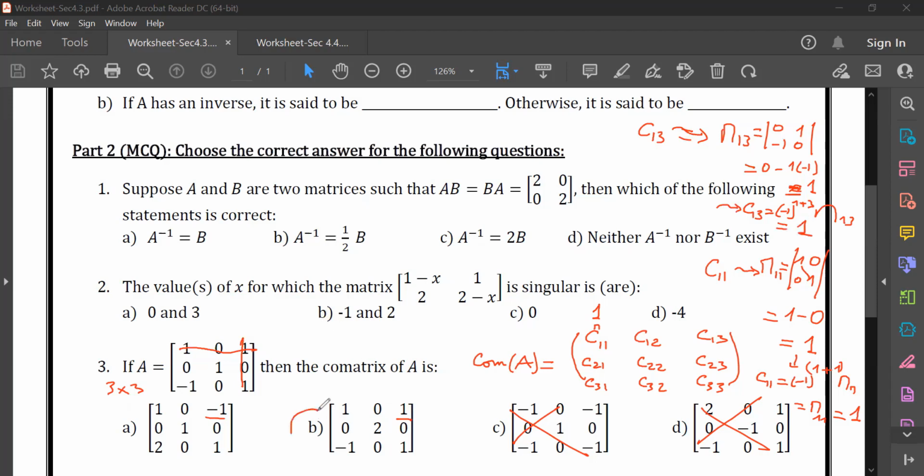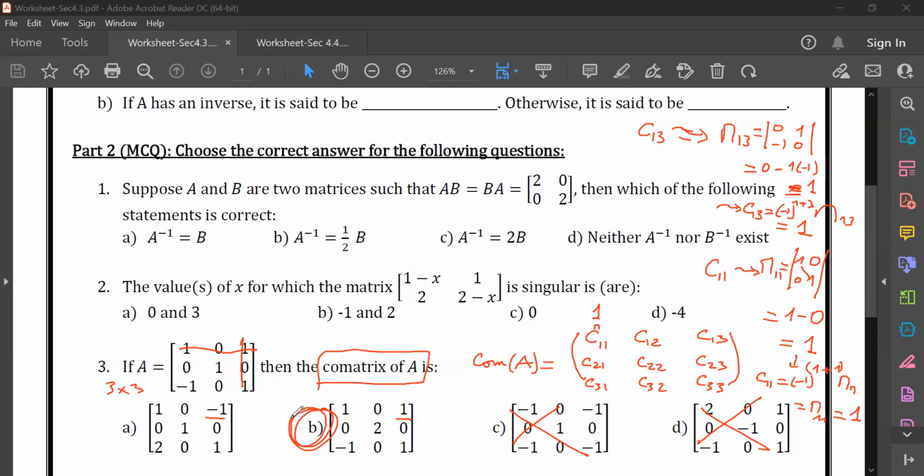So the correct answer is B here. And if you want to practice, you can check and calculate more cofactors. This is called the co-matrix.